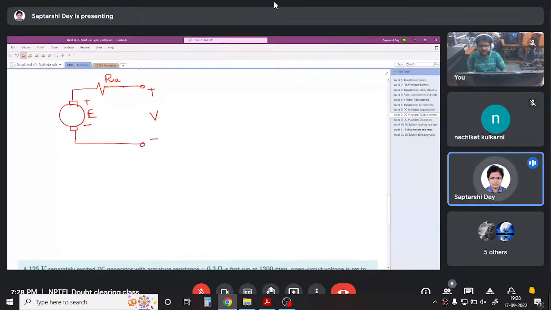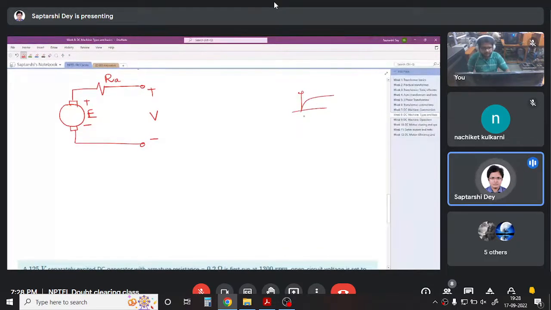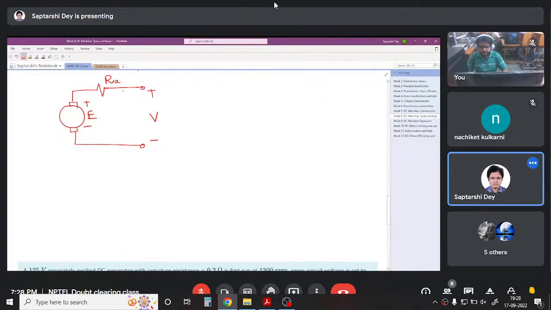Since DC machine draws or supplies DC current, we do not draw the inductance. If you were concerned about the transient behavior of DC machine, that is when you start a DC machine, how the speed becomes steady, how the armature current becomes steady, then we also consider the inductance of the armature circuit, which also comes in series with this.